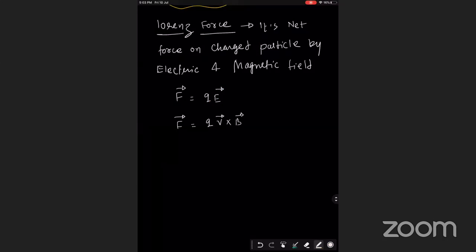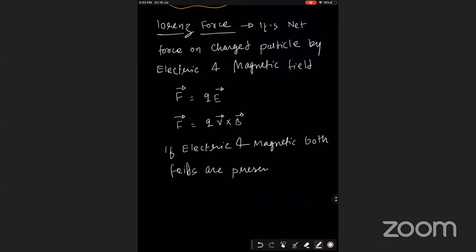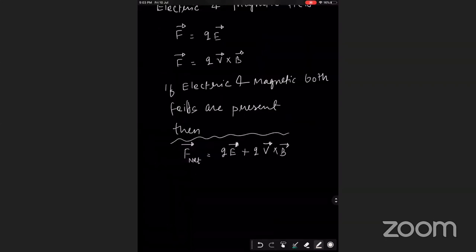But if in a certain region electric and magnetic both fields are present, then the net force will be qE vector plus qv cross B. This net force is known as the Lorentz force. Very important.